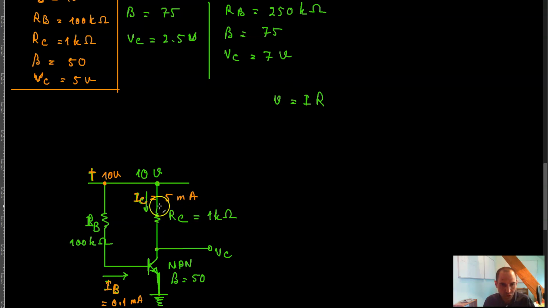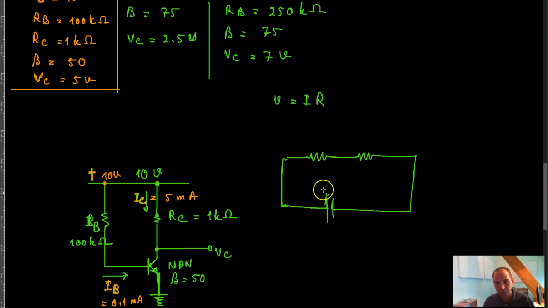So the more voltage drop here means in turn the less voltage drop over here, because the power supply voltage is limited. The more voltage drop that you have across this resistor, the less voltage remains to be dropped across the PN junction, and vice versa. It is just like, for example, two resistors in series connected to a power supply, V of S, and we are assuming that V of S is constant.